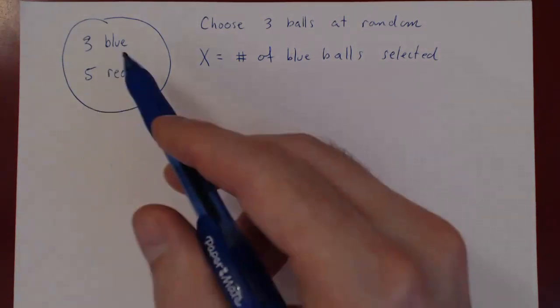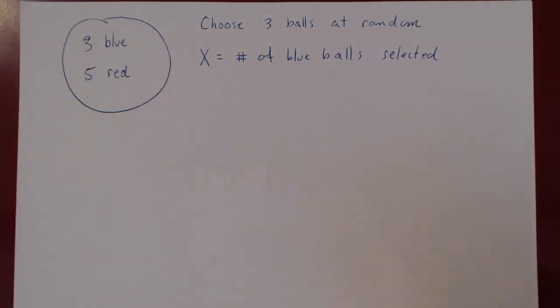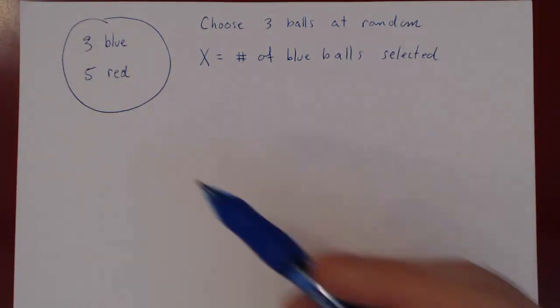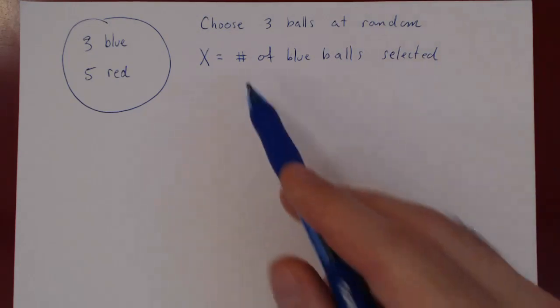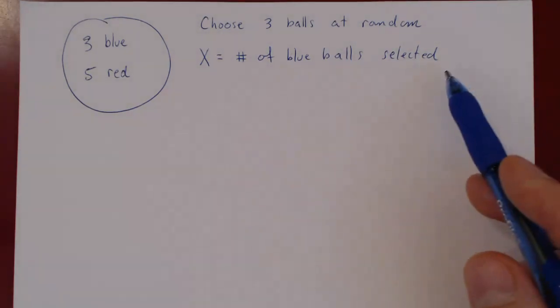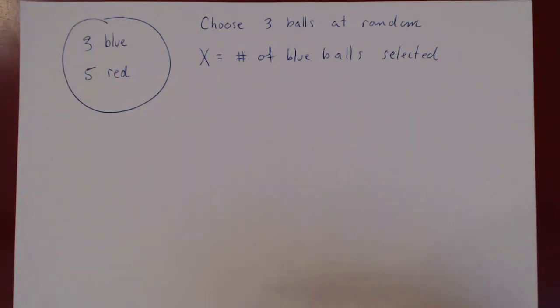Why? Well, if you choose 3 balls from this urn randomly, the number of blue balls that you have will vary, right? Sometimes you may get 0 blue balls, sometimes you may get 1, other times 2, other times 3. And each time you have a number, the number of blue balls selected. So here X is a discrete random variable.